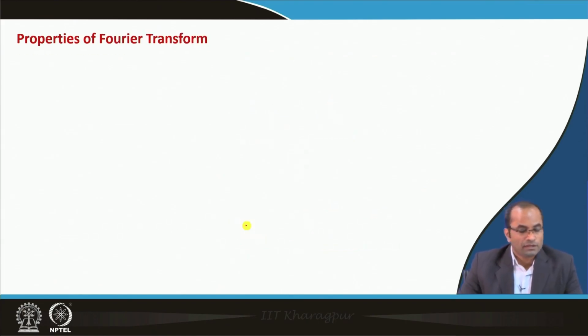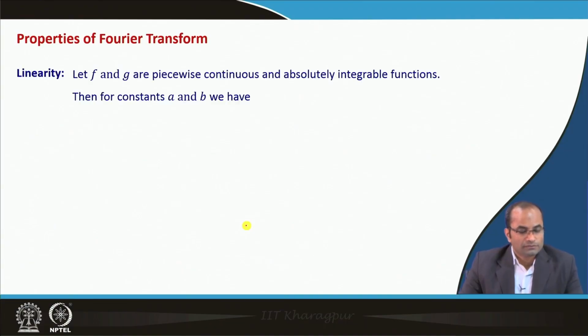Coming to the properties of the Fourier transform, the first property is linearity, which we have already discussed while discussing the Fourier cosine and sine transform, and this is a common property of all integral transforms.